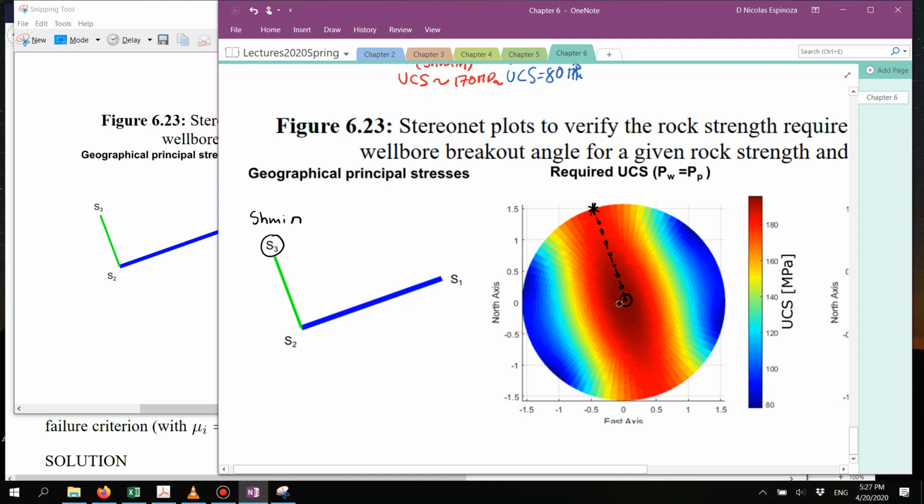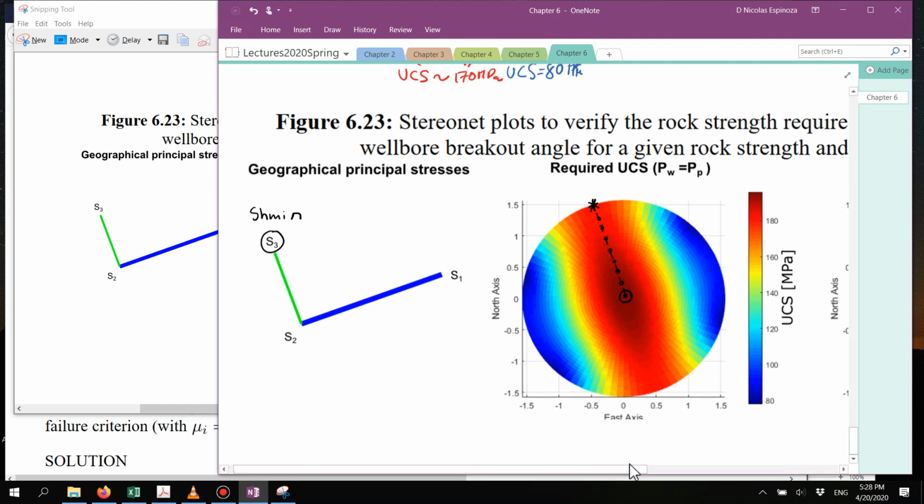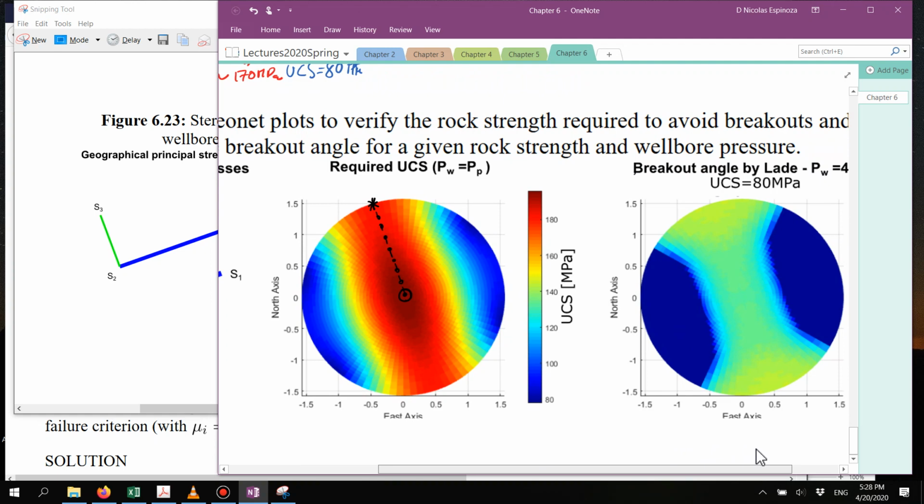And this plot is going to help me see what are the wellbore stability requirements for such wellbore to go from vertical to horizontal. In this example, I'm showing what is going to be, for example, the strength of the rock required for that wellbore to not develop any shear fractures, but similar to what we saw before, we could have plots for breakout angle or for knowing if there are tensile fractures or not.